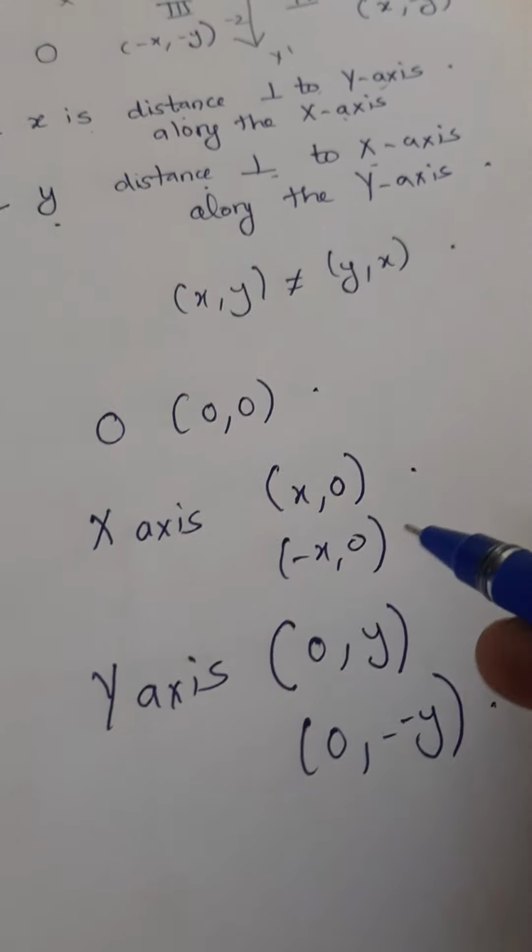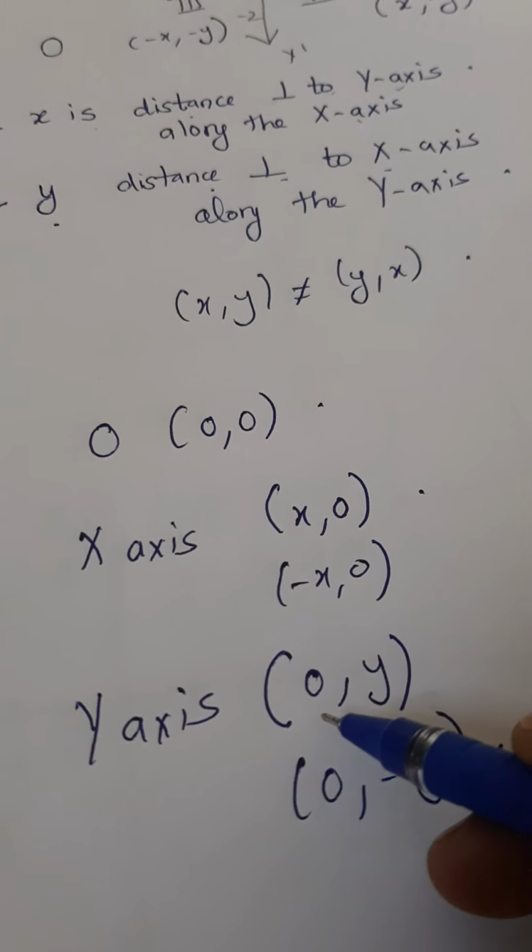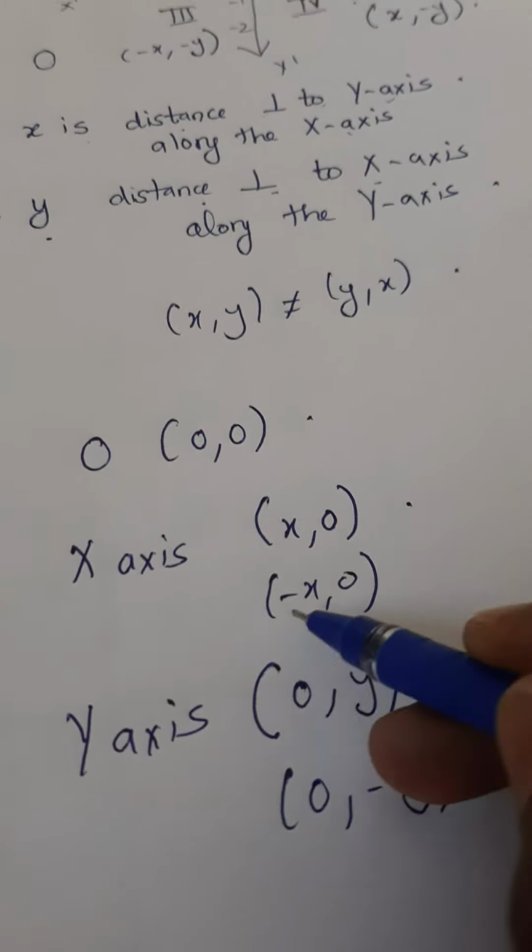So similarly, the points lying on the y-axis will have the coordinates as (0, y) or (0, minus y), because the x coordinate will be 0, because the perpendicular distance to the y-axis will be 0, right? Okay, I hope these points are clear.